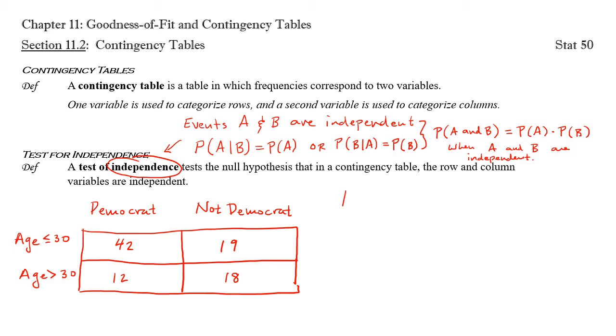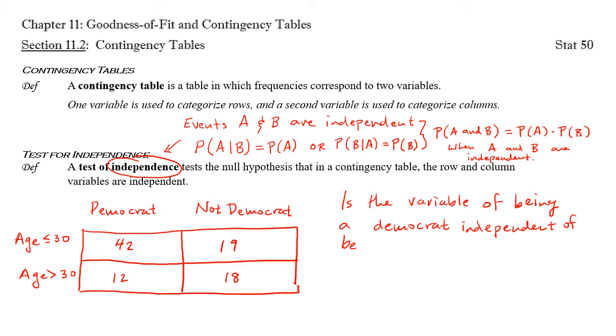So is the variable of being a Democrat independent of being under the age of 30?